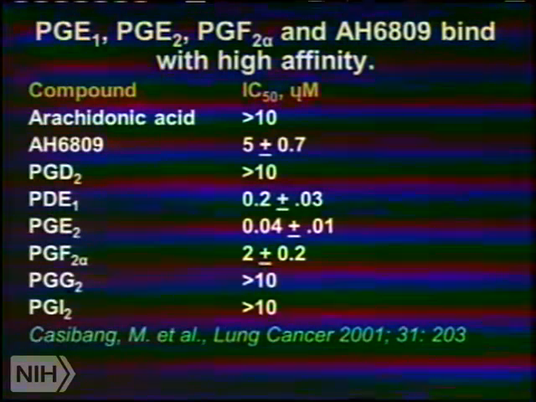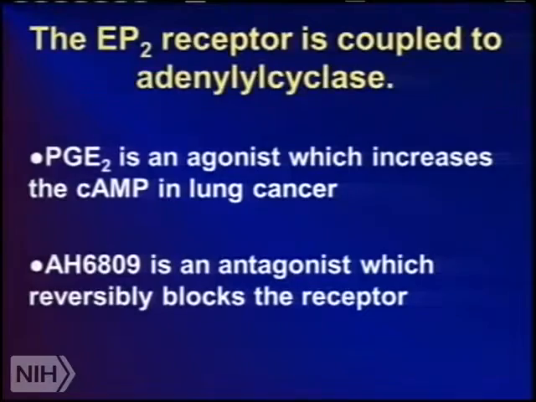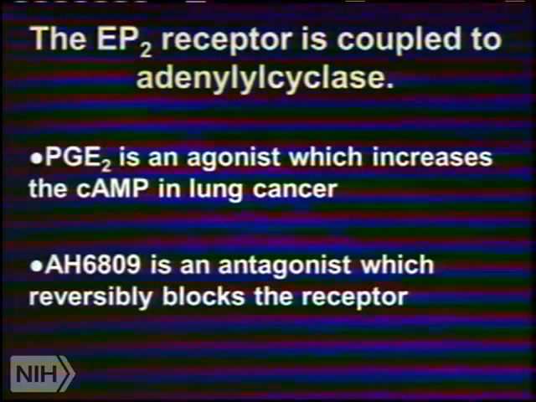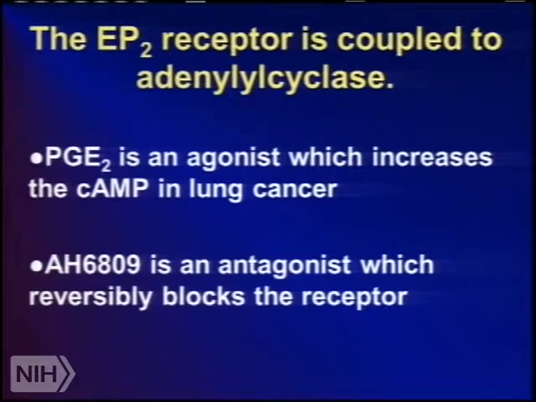And then it turns out we have one drug that's a G protein coupled receptor antagonist, this AH6809. So we started doing studies with it. And PGE2 is an agonist which increases the cyclic AMP in the lung cancer cells. And AH6809 is an antagonist which blocks the receptor.